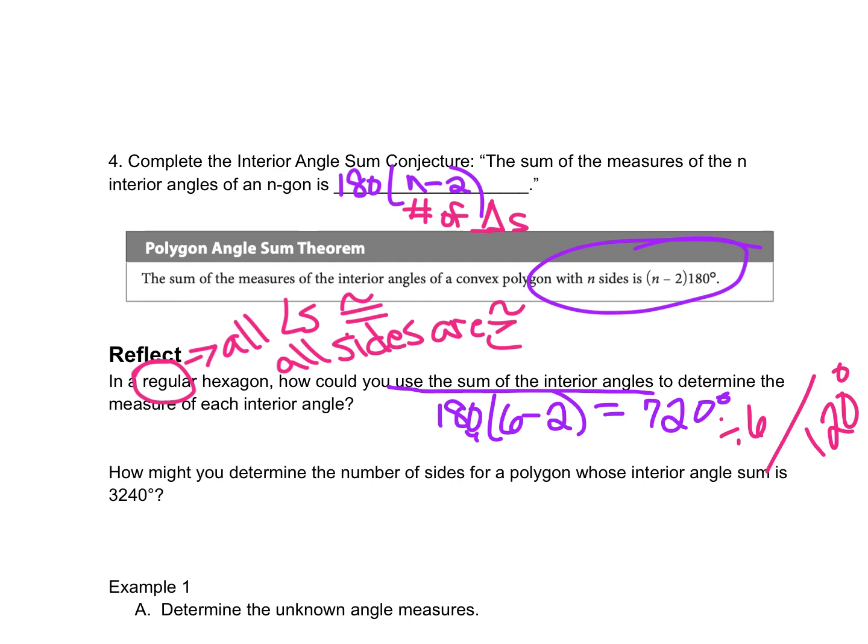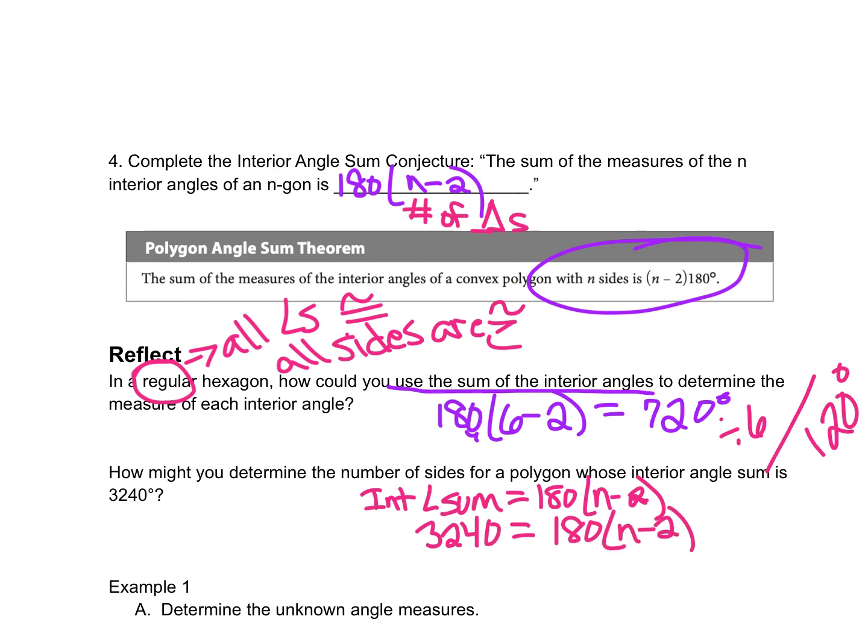How do you determine the number of sides of a polygon whose interior angle sum is 3,240 degrees? Well, let's think again about this formula. So we have the interior angle sum equals 180 times n minus 2. Okay, so the interior angle sum is what they gave us, 3,240, and then 180 times n minus 2.